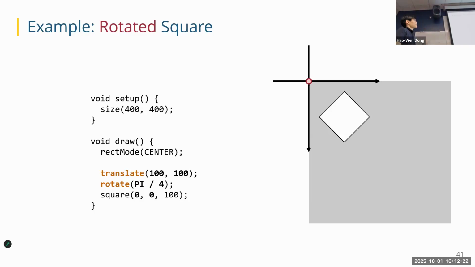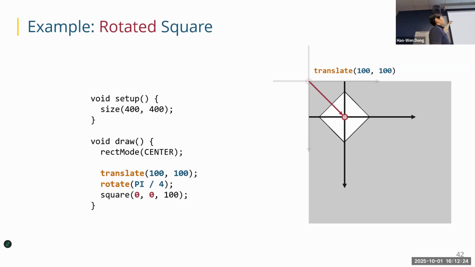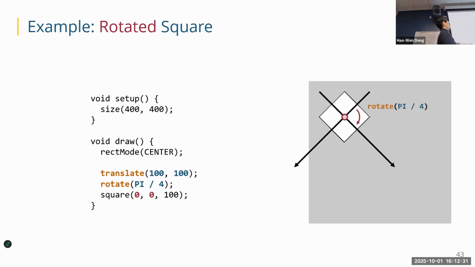So you want to translate, meaning you just move that axis, and then you can rotate this axis so that now, you want to draw a square here. Now the square will be rotated and basically just being drawn on the new axis that you just defined.